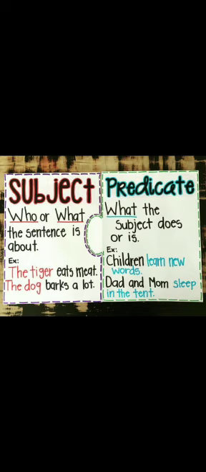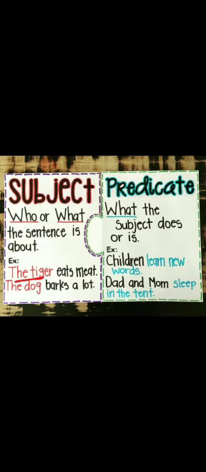So the main topic of the sentence will become your subject, and what is said about the subject will become your predicate. In this sentence, the tiger eats meat. What is the main subject? Tiger, right? We can't take simply tiger, we have to take the tiger. So the tiger is your subject because we are talking about a particular, specific tiger.